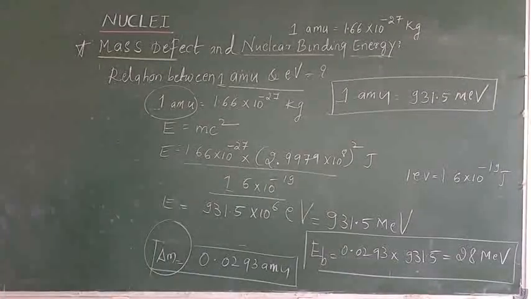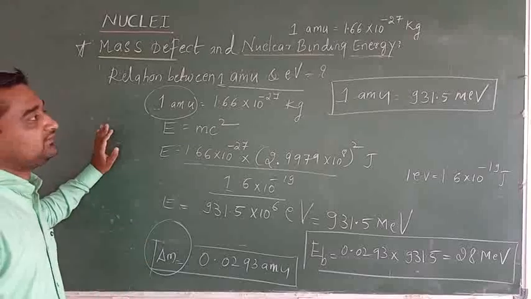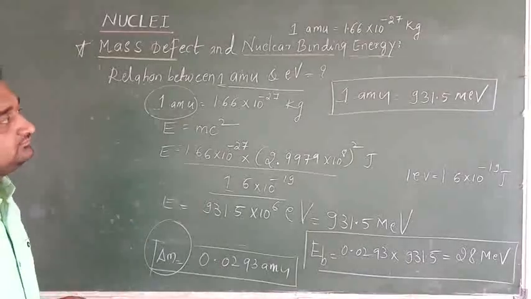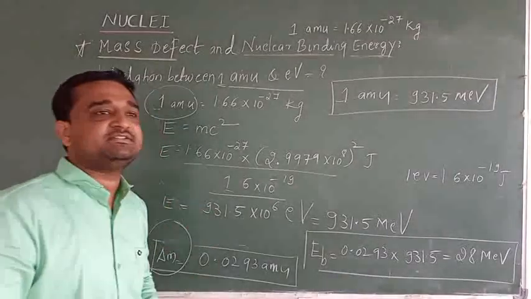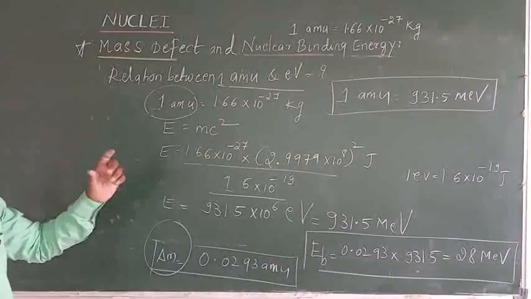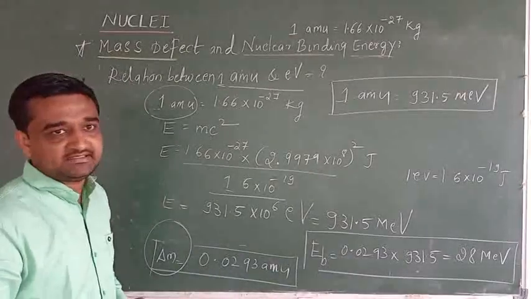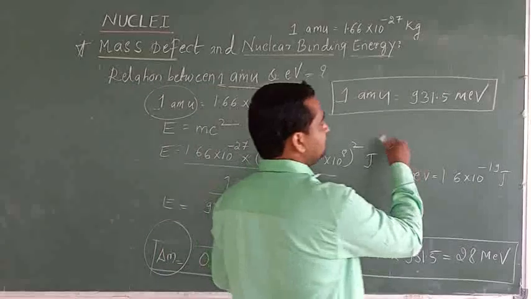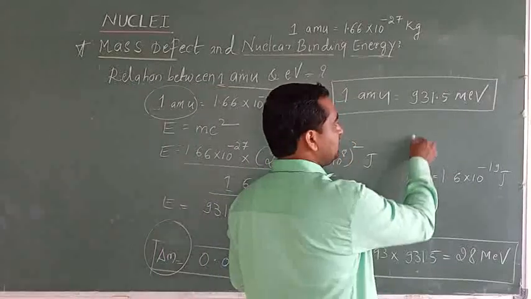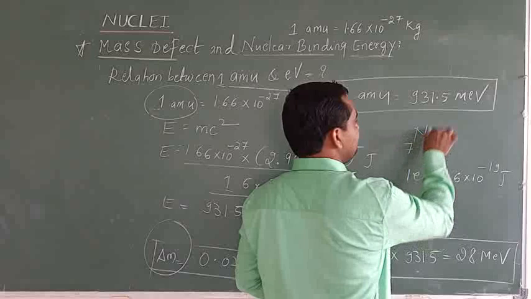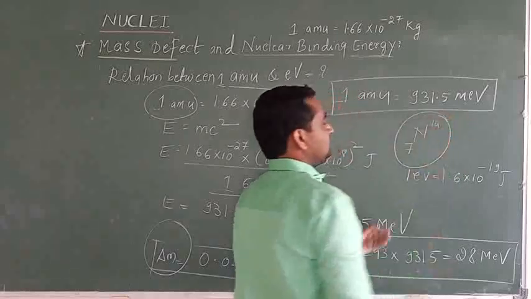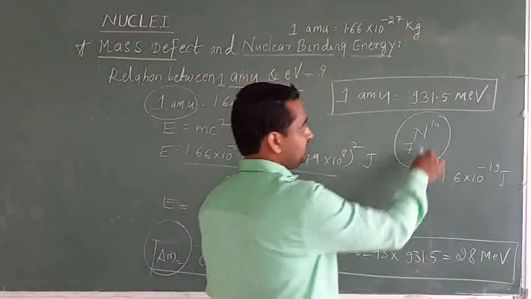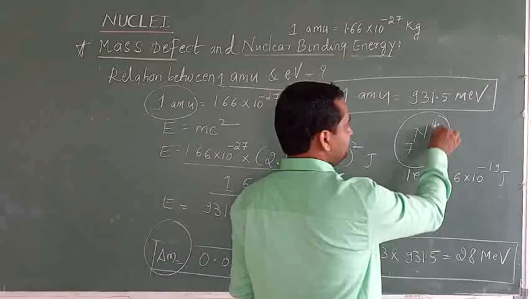So one homework for you: calculate the mass defect and the nuclear binding energy of the nitrogen nucleus, that is N-14, right? The mass of proton and the mass of neutron are given here.